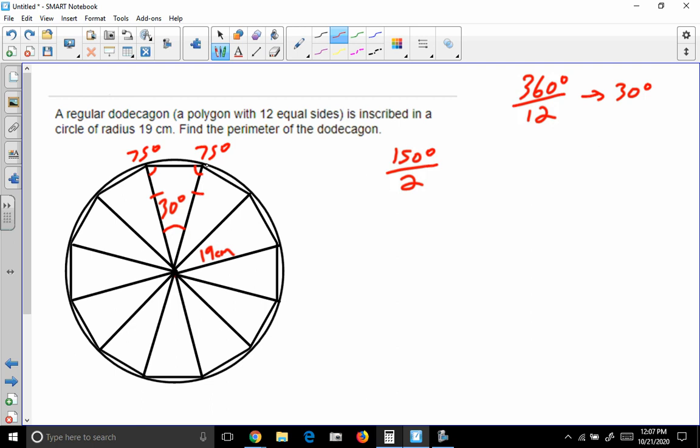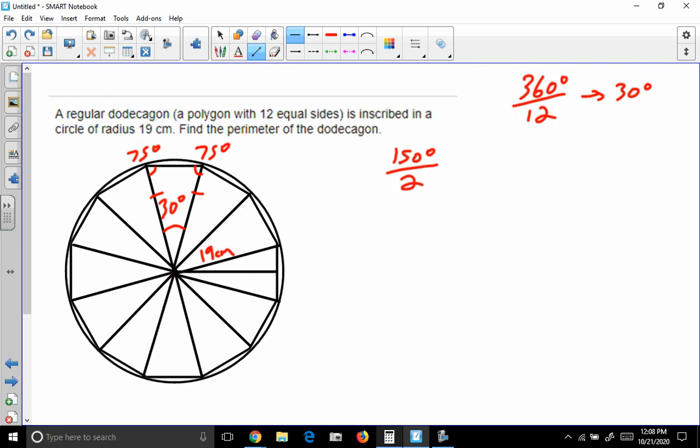So 75 and 75 is 150, 30 more is 180 inside that triangle. Well, notice those are not right triangles. So our trig rules are all based on right triangles right now.